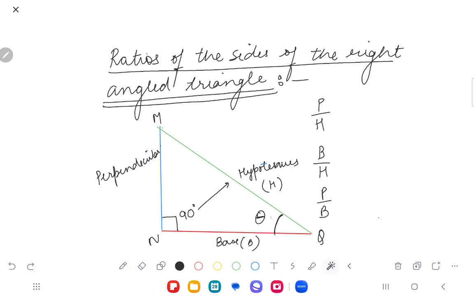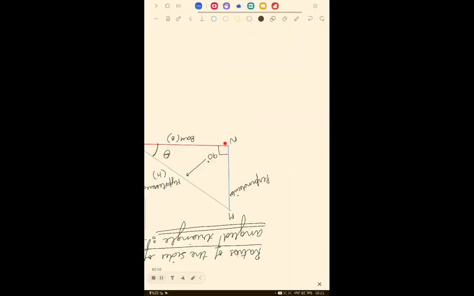But who has actually told me that this MN side is perpendicular? This theta. Because of theta, I am able to recognize that this MN side is going to be my perpendicular. Understood or not? Do you understand the logic?